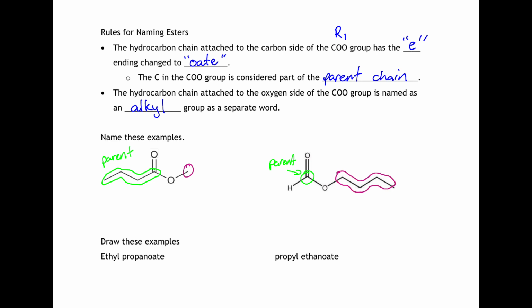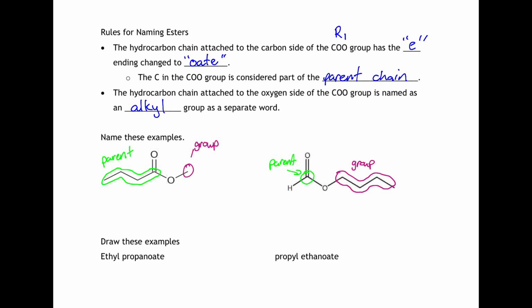So this is the difference. They're very similar, but they are going to be different because they're attached on different sides of the oxygen. So how do I name these ones?